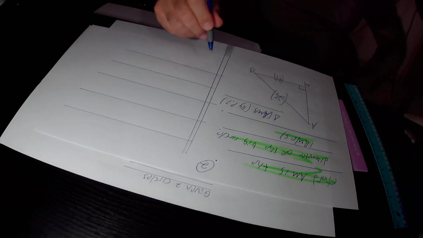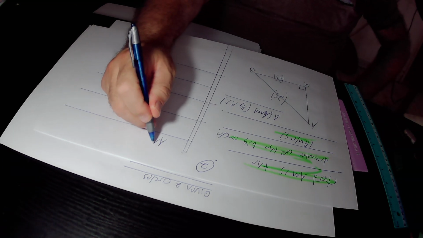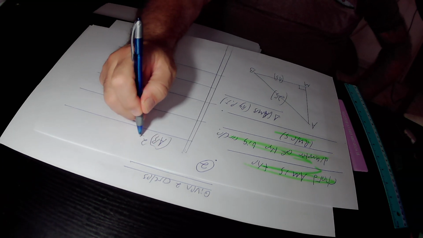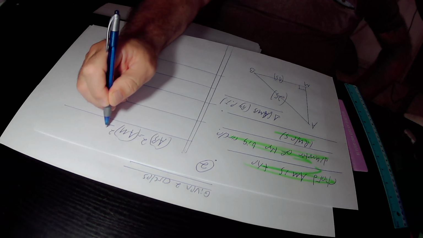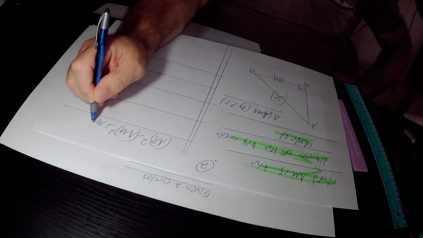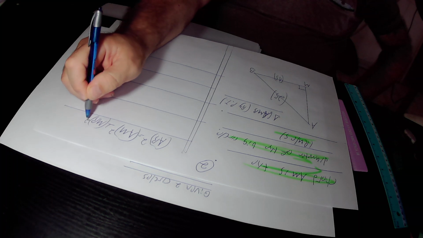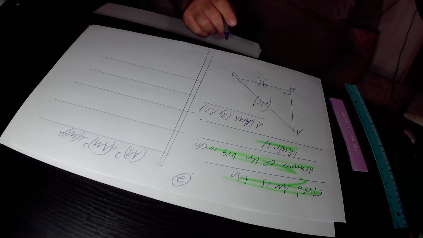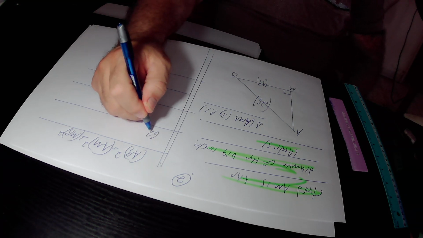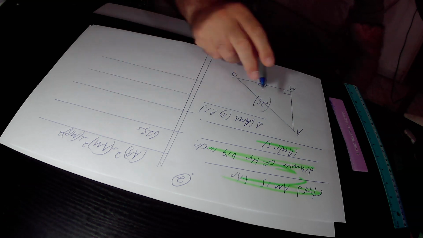AB squared, that is the square of the hypotenuse, is equal to AM squared plus MB squared. The hypotenuse AB is 25, therefore AB squared is 25 squared, that is 625, and it is equal to AM squared.